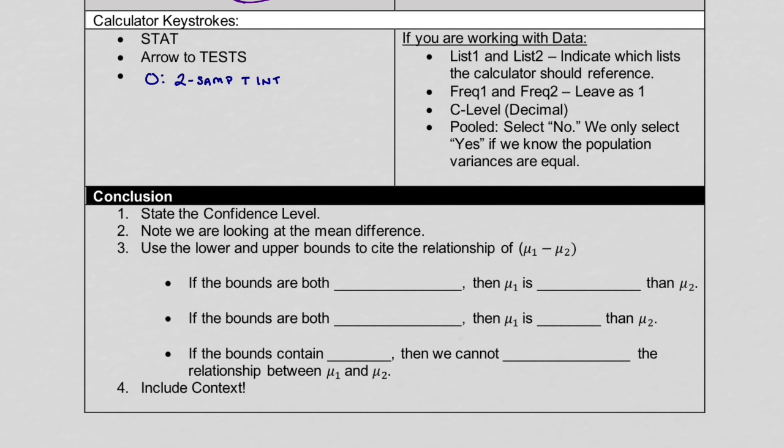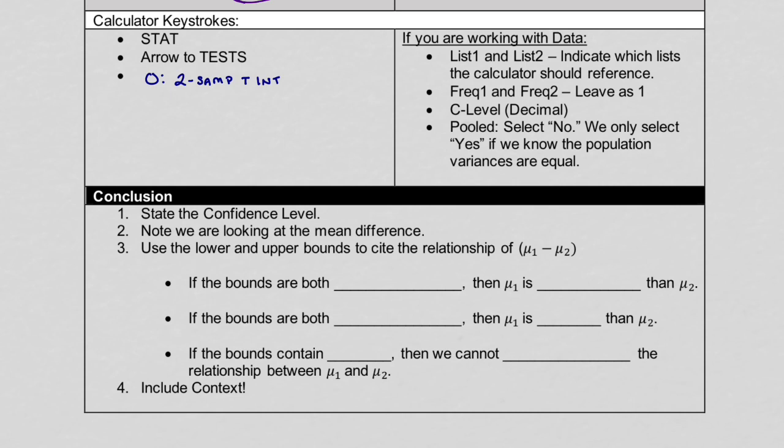So I've said this in class before, but I will say it again. Remember that when you are working on these types of questions, if you are asked to do a hypothesis test, usually a good indication of that is you're going to be given a significance level, or they're really going to say, run a hypothesis test. Make sure that when you are going through your list of options after you've gone into stat and then over to tests, is that you are selecting something that has test in it.